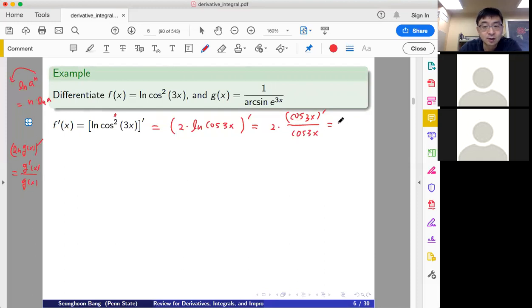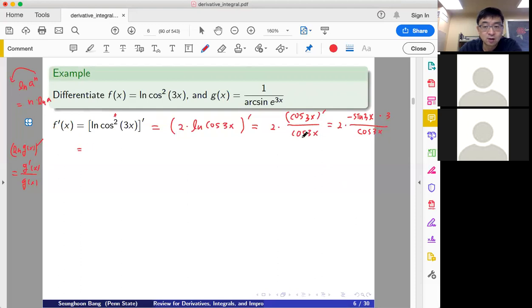Next, you can just use the chain rule. Cosine prime is negative sine 3x times the inner function 3x prime. 3x prime is 3, over cosine 3x.